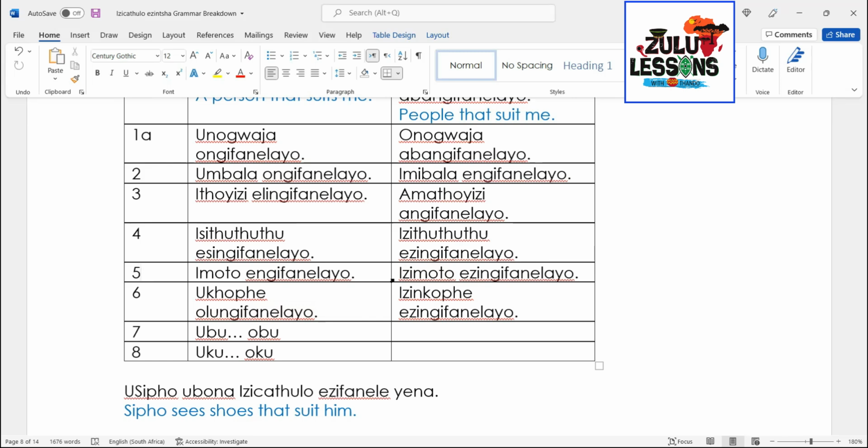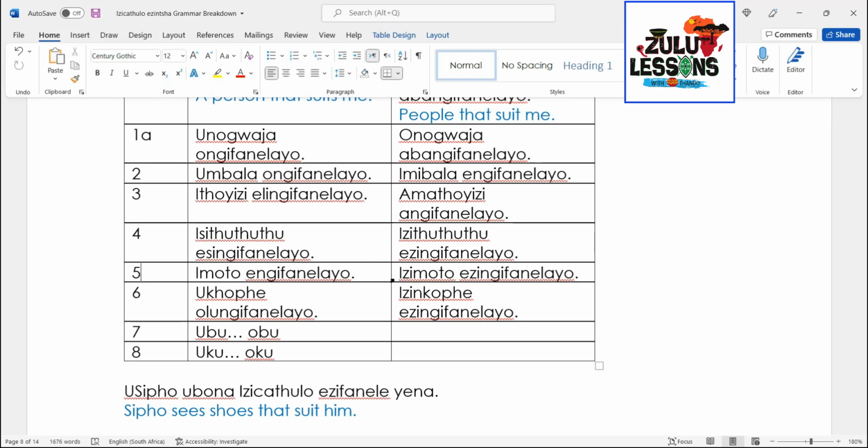Now remember that some class 5 nouns can be singular in class 5 and then be plural in class 3. So like this, for example, let me see. This is gonna sound funny, but I'm gonna say it anyway. Indoda engifanelayo.